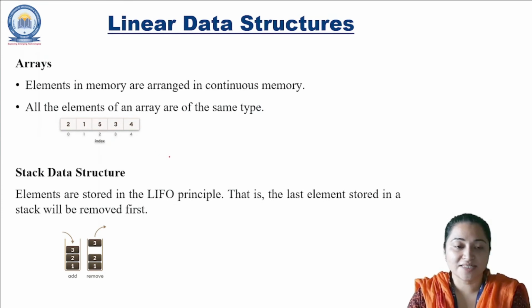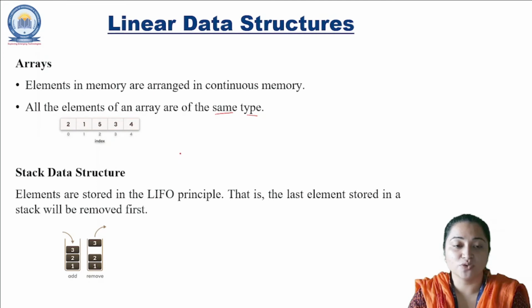First of all, let's see arrays. Array is an example of a linear data structure. Elements of an array are arranged in continuous memory. All the elements of an array are of the same type.